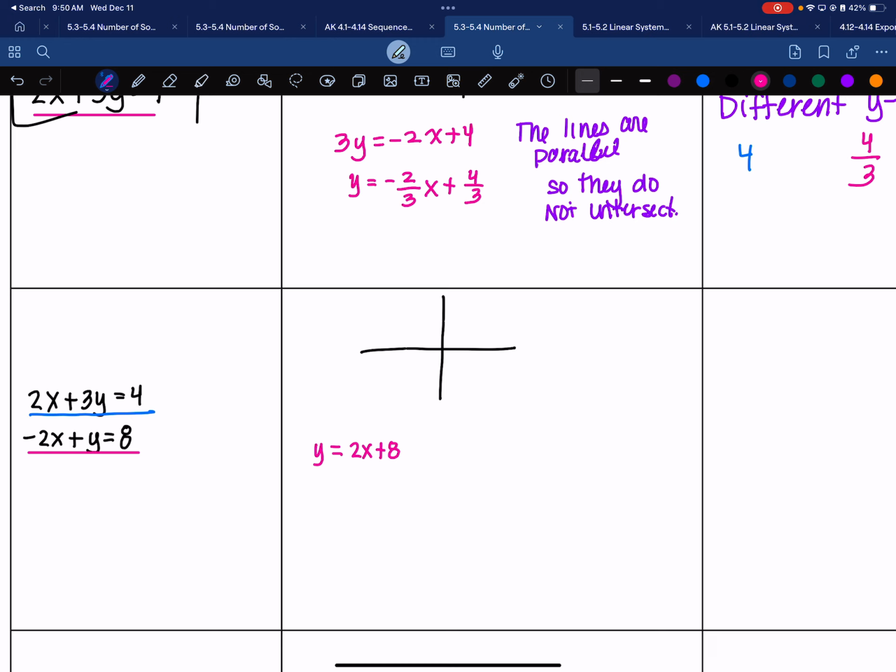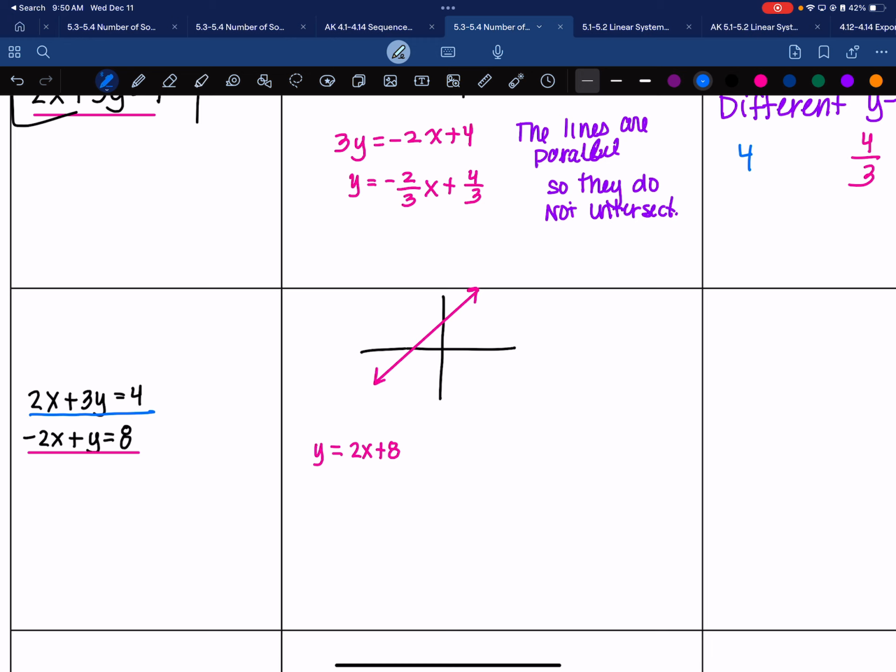Will the y-intercept be up here or down here? Up. Will the line go like this or like this? Like this? Okay, so just as long as we have a line with a positive slope, that looks okay, yeah?